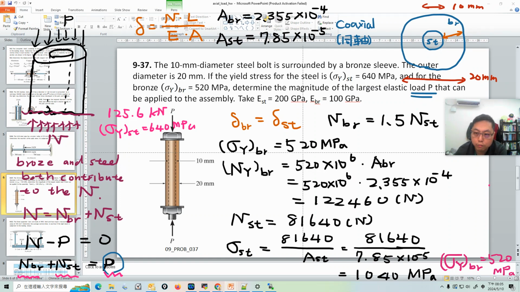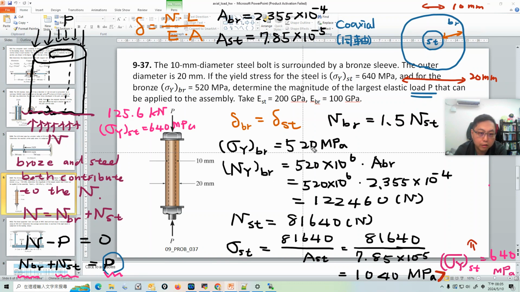And what's the yield stress for steel? The yield stress for steel is 640 megapascal. So the value we calculated, 1040 megapascal, is greater than the yield stress of steel.